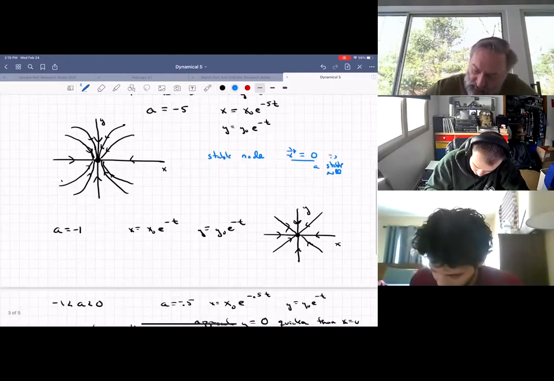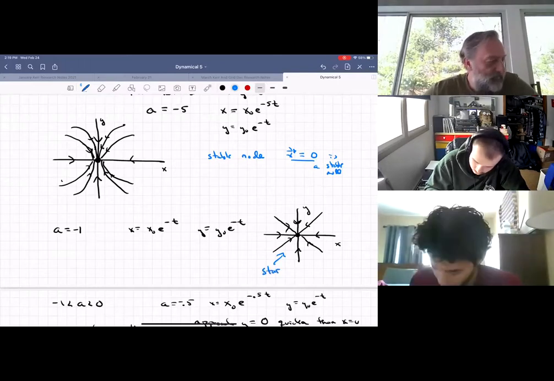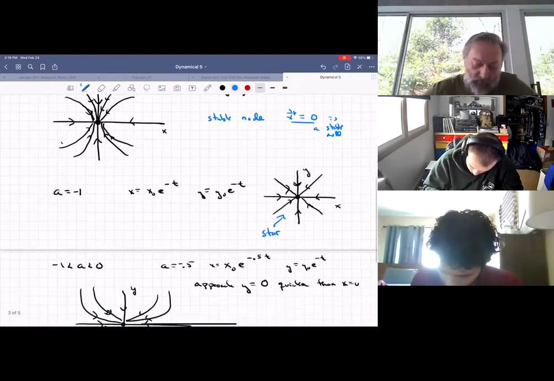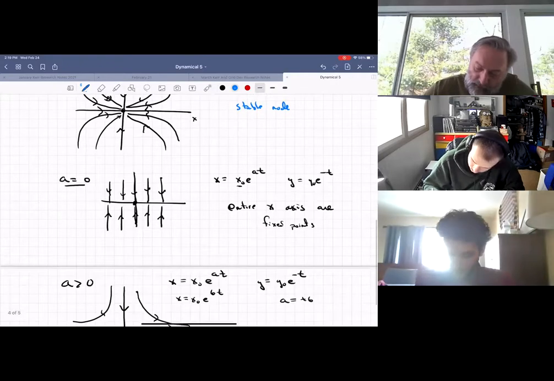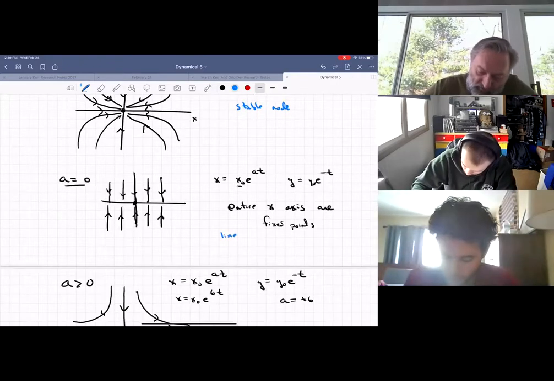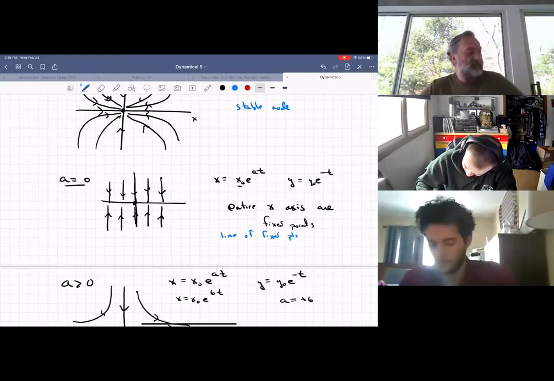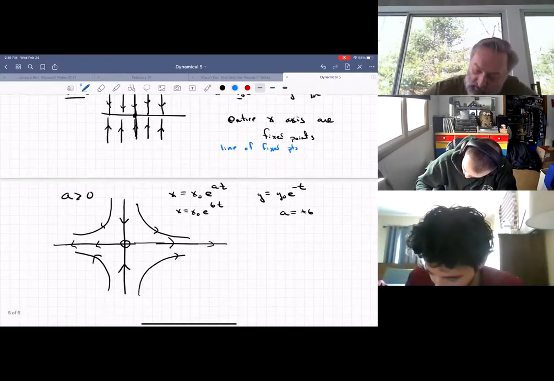This particular phase portrait here is called a star. Sometimes it's called a symmetrical node. This one is also a stable node. This is called a line of fixed points, for not creative reasons, because it's a line of fixed points. And this one here is called a saddle.